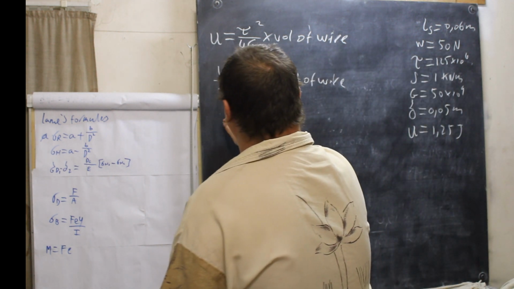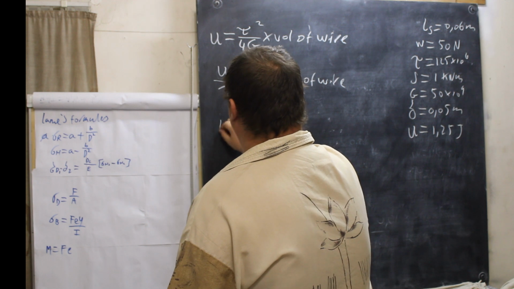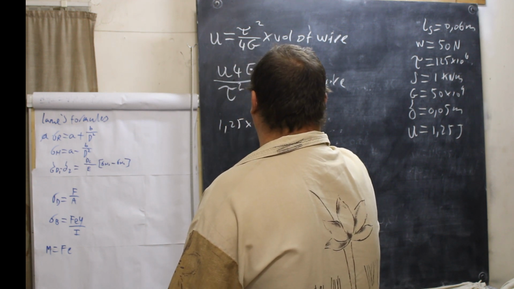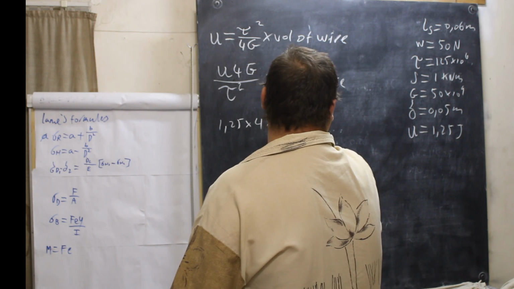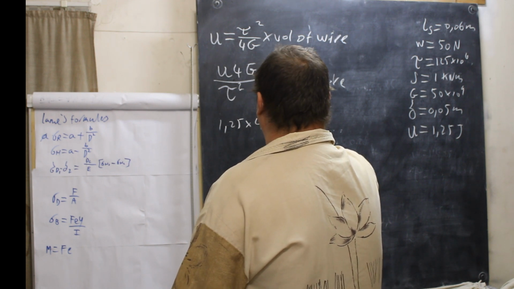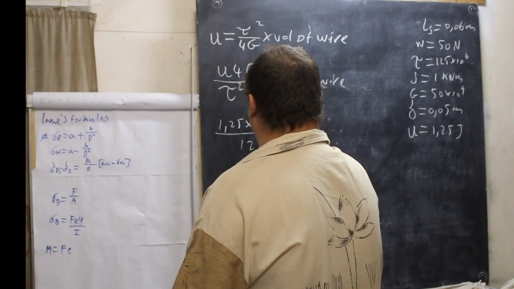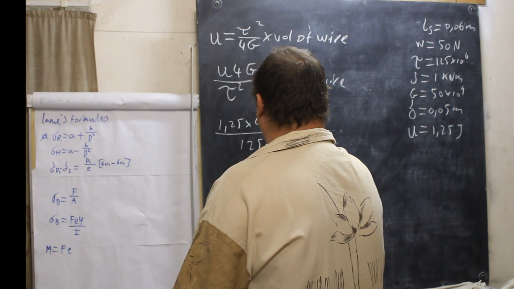So now we have U, 1,25 times 4 times 50 times 10 to the 9 over 125 times 10 to the 6.